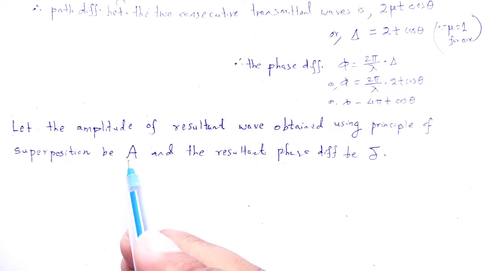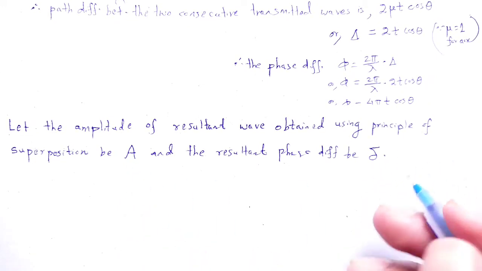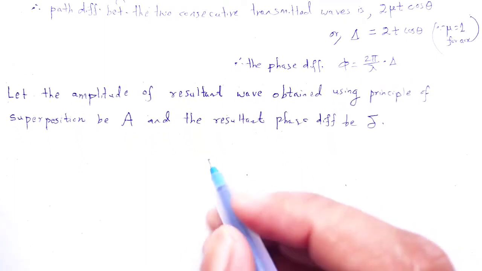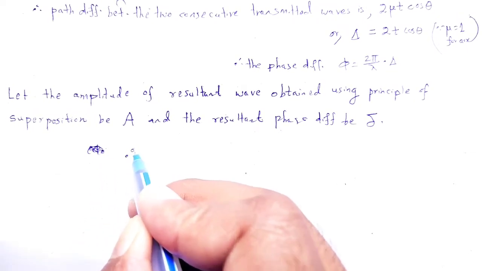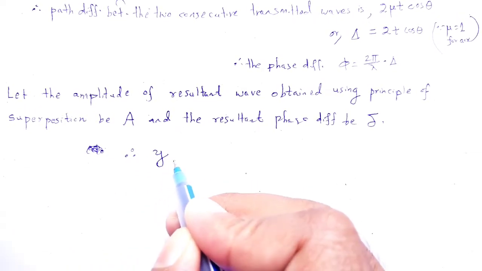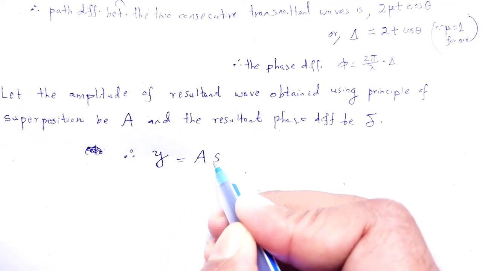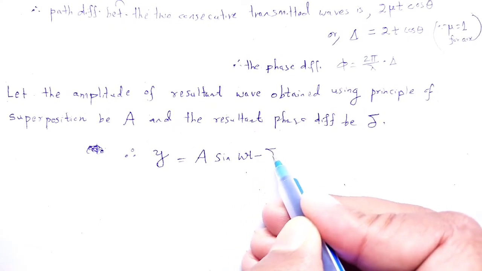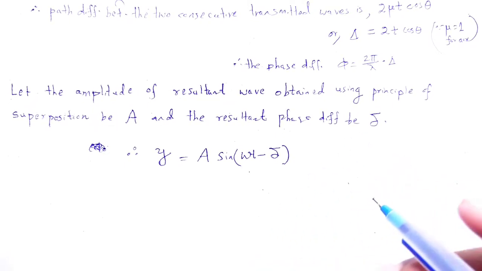This is the resultant amplitude, that is the resultant phase difference. Therefore, the displacement y is equal to resultant amplitude A sin omega t minus resultant phase difference delta.